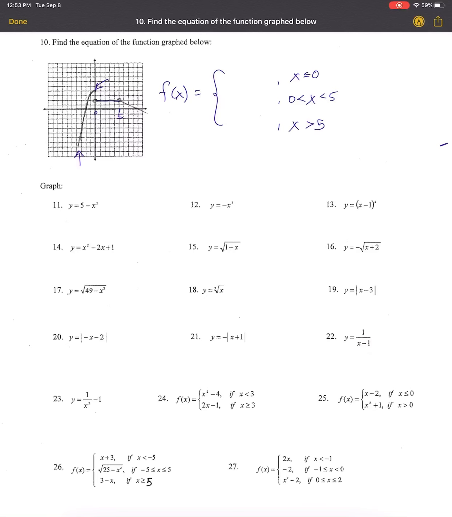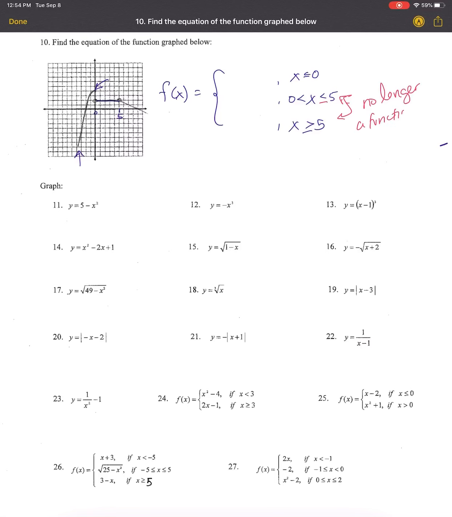Now, just for argument's sake, if there had been a closed circle, then you could either put the or equal to sign up in the middle step, or you could put it in the bottom step. However, if you were to put it in both pieces, that is wrong. That makes it no longer a function. This is a common mistake students make.